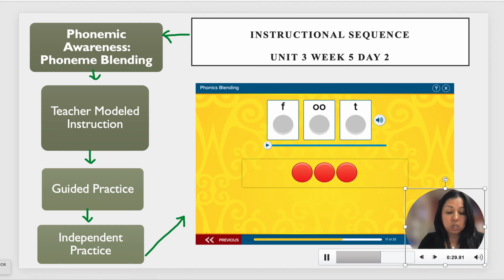In this activity, students drag the red tokens into the corresponding sound box. For example, this word has 3 sounds, so the student would drag each individual token one at a time and then click on the speaker button to listen to the word.